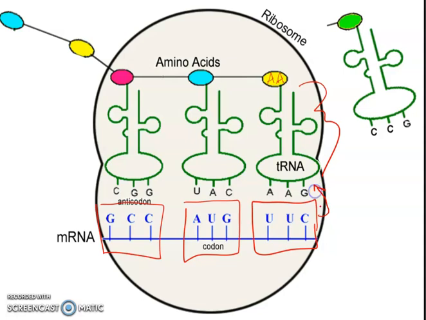So if I use my matching rules, G bonds with that C, A bonds with that U, A bonds with that U, boom. So this matching anticodon will bond with that codon. Then this anticodon will bond with this codon. And then these two amino acids up here will form a peptide bond. And we now have multiple peptides together.